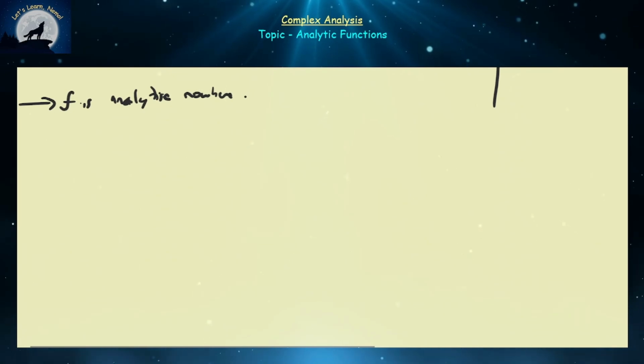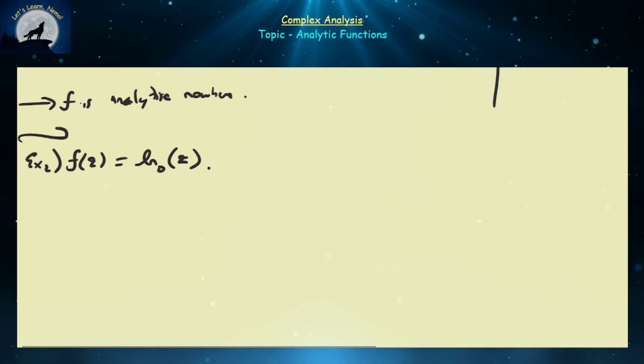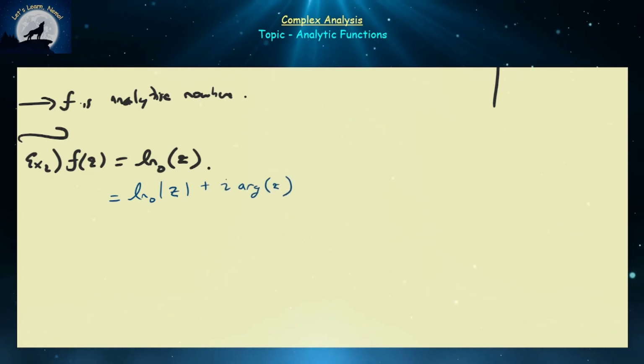So let's look at another example, a little bit more involved. Let's assume that f of z is equal to the principal branch of the natural log function. So what is the principal branch of the natural log function equal to? That's going to be equal to the natural log of the magnitude of z plus i times the argument of z. So is this function differentiable? And if it is differentiable somewhere, is it analytic there?